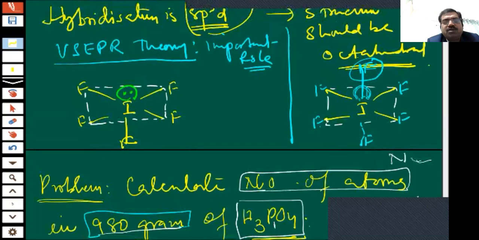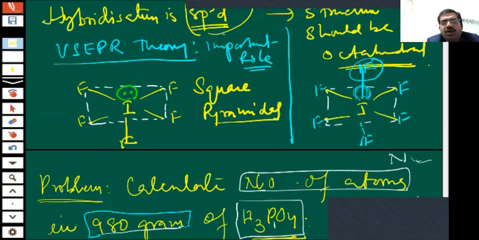This type of shape is known as square pyramidal.